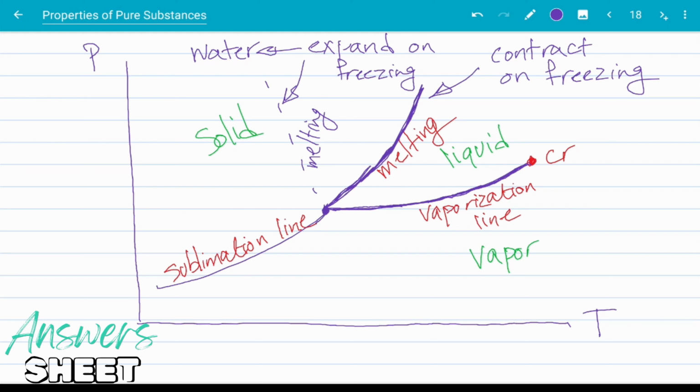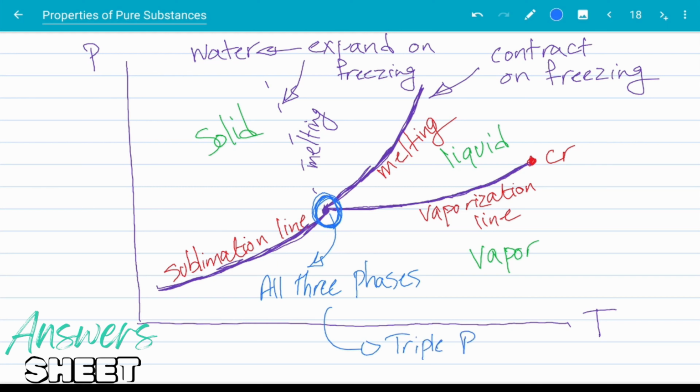And again, with the right combination of pressure and temperature, we can have both phases of solid and vapor at the same time. There is this point in the middle, however, that at certain pressure and temperature combinations, we can have all three phases. Now, this point is called the triple point of a pure substance.